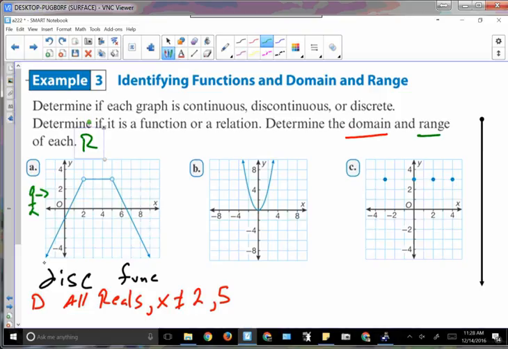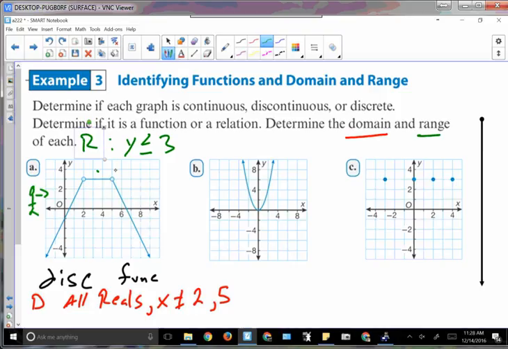Can I get through here as I'm going up? The only place I can get through is once I get over this, right? Once I get over that, what value is that at? If I'm looking at going up and down, how far up do I have to go before I can get across it? 3. So that means the range for this one is where y is less than or equal to 3. So the function is in all those places. Y is less than or equal to 3. Once I get above 3, I can get past it.